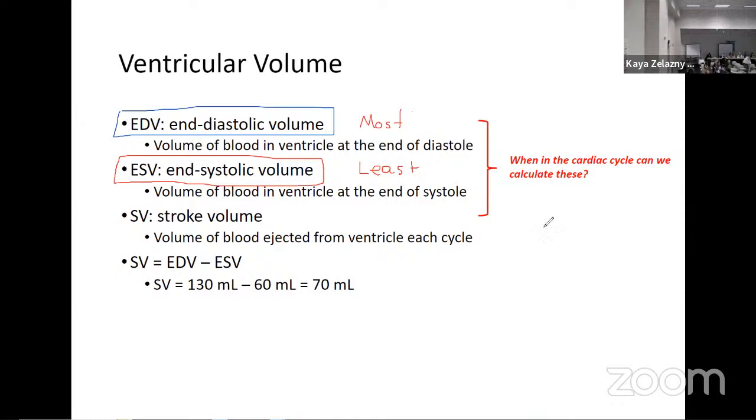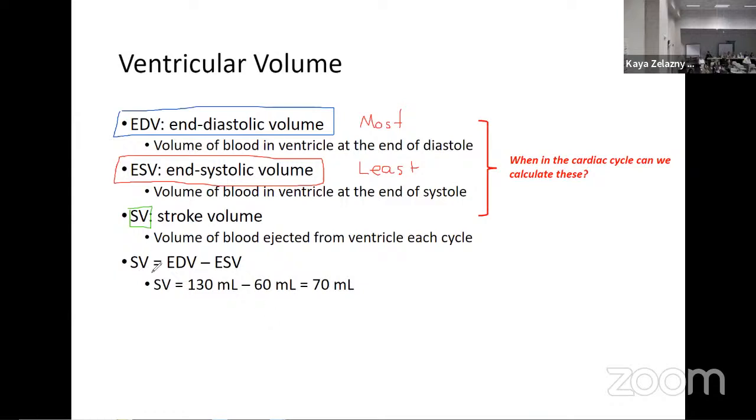So that went out to all your organs, into your brain, into your liver, into your muscles. That blood that we sent out to our organs, that's your stroke volume. Stroke volume is the volume of blood that got ejected during that ventricular ejection phase.